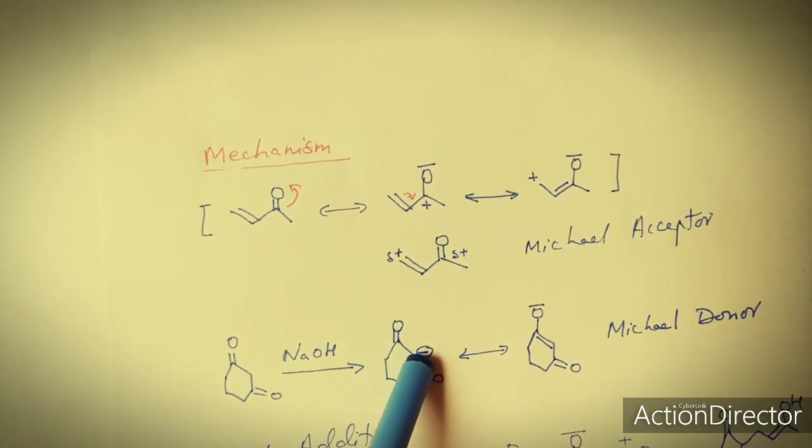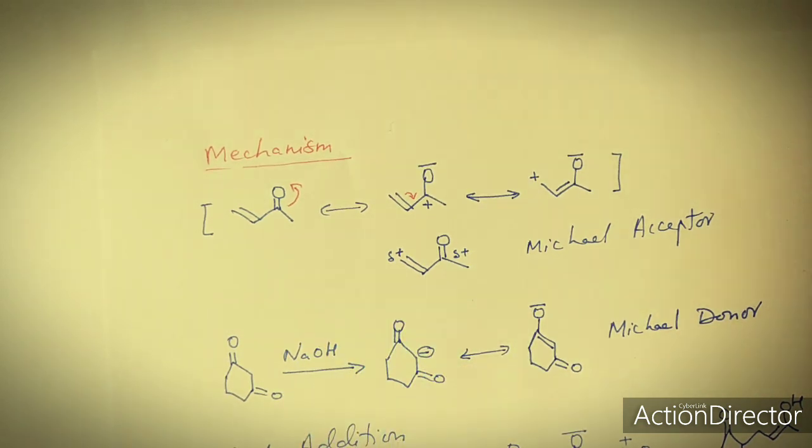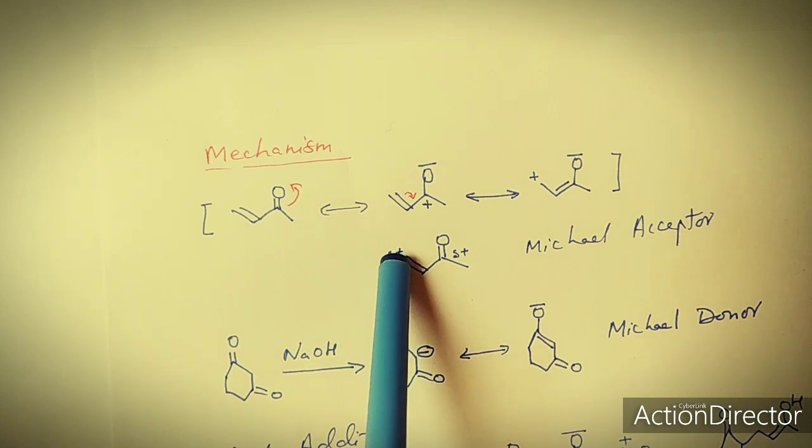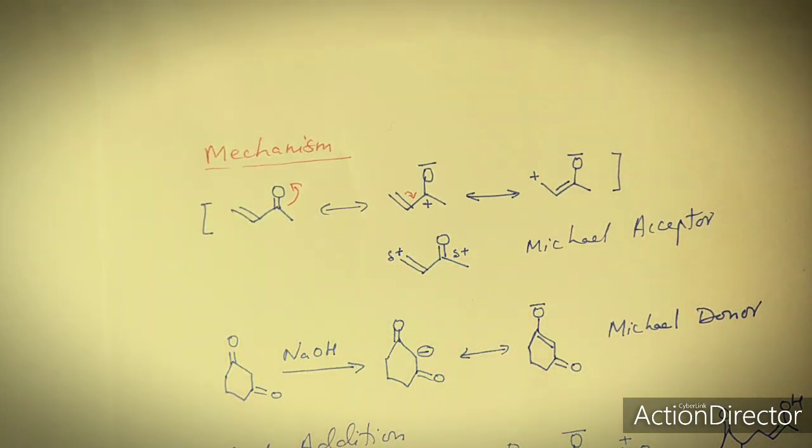And here we have our carbanion, which is stabilized by these two carbonyl groups. So it is a weak nucleophile, a weak base. And this Michael donor will therefore attack the fourth position and not this strong carbon positive position.